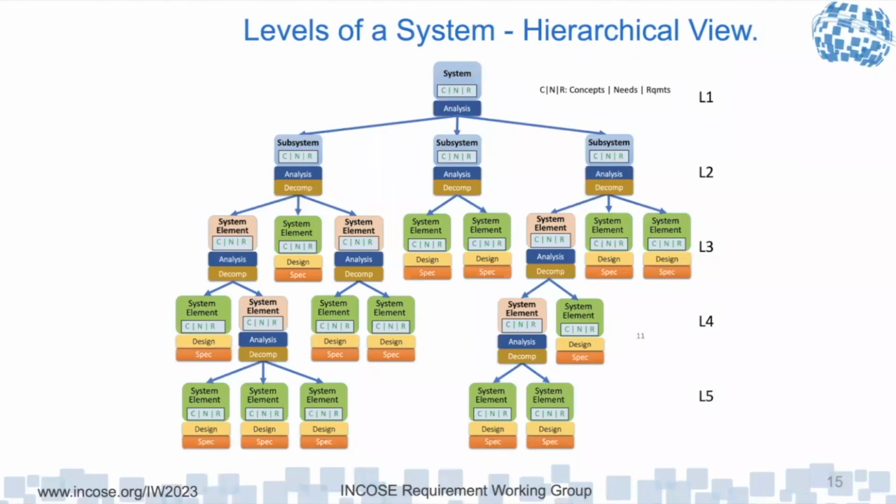If you look at this diagram, you notice the different colors. Some people think that at every level, everything at that level has to have requirements. If you look at what this says, the pink ones have concept needs and requirements. We do analysis and then determine that we need further decomposition, so we go down to another level. For some of these, the green ones, the system elements, there's no further decomposition.